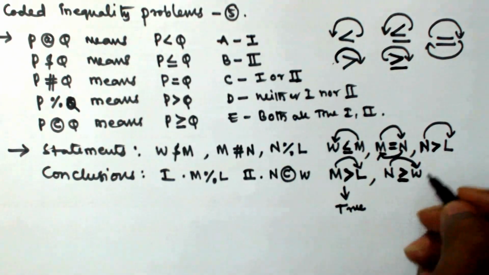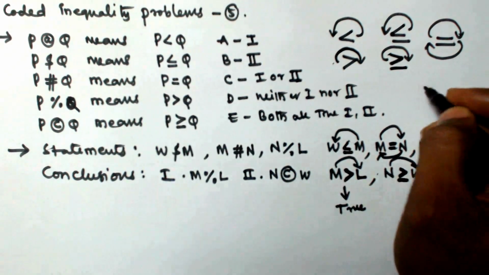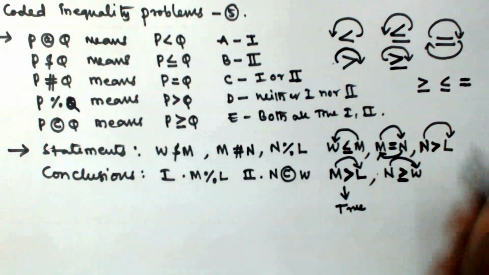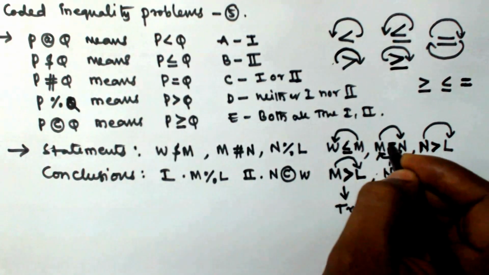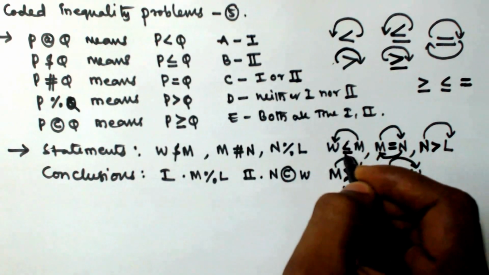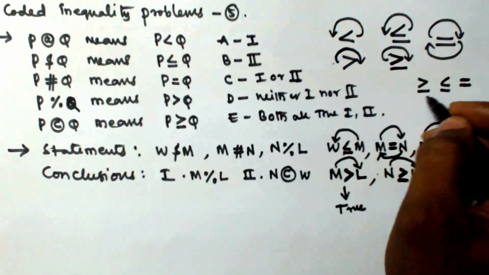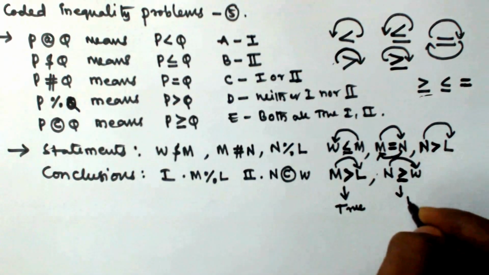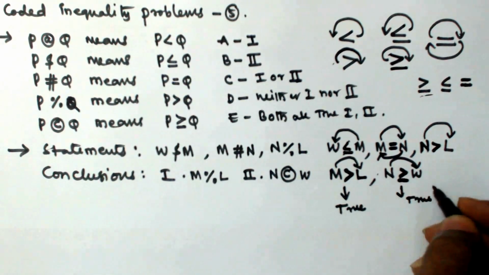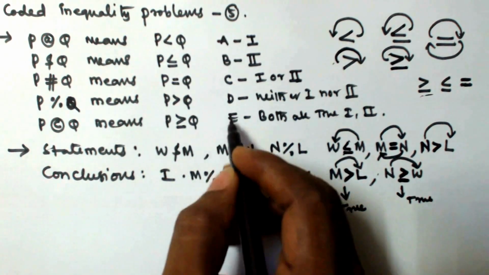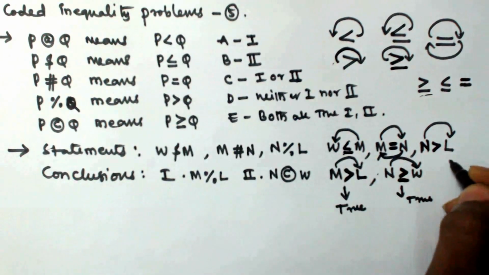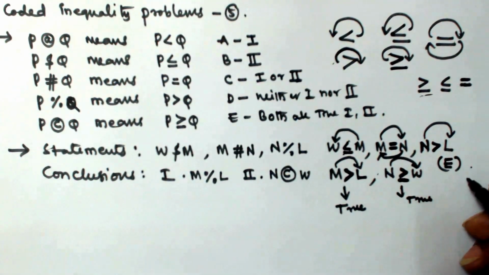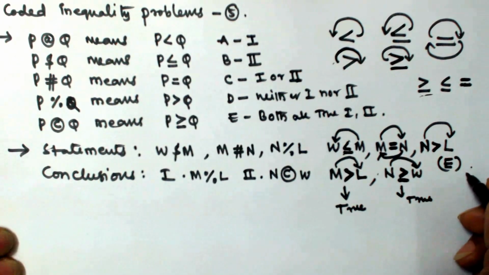So when it is greater than or equal to, all the movements from N to W must contain greater than or equal to, less than or equal to, or equal to only. But here we have equal to and less than or equal to. Both are actually a subset of these three. So the second conclusion is also true. So both the conclusions are true. Which option do we have to select? We have to select option E. So for this first question, the option is E. That means both the conclusions are true.